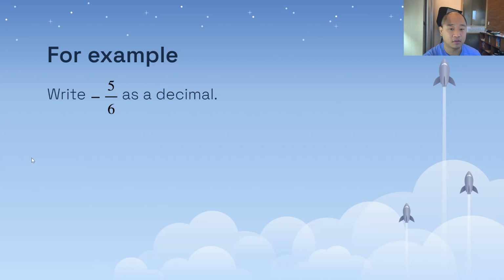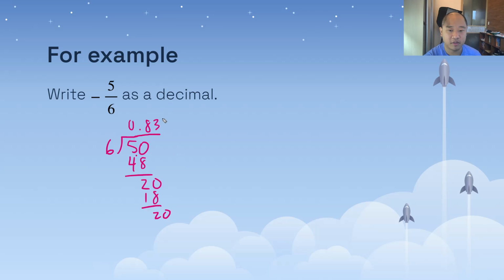Here's an example. So if we were to do this division problem, 5 divided by 6, 50. This goes into it. How many times? 8 times? 8 times 6 is 48. 2. 3.